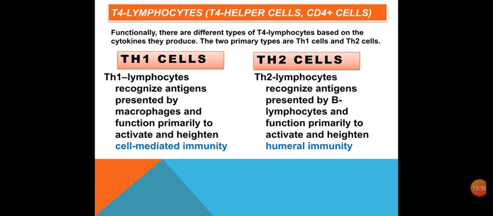T helper 1 cells are lymphocytes that recognize antigens presented by macrophages and function primarily to activate and heighten cell-mediated immunity. T helper 2 lymphocytes recognize antigens presented by B lymphocytes and function primarily to activate and heighten humoral immunity.